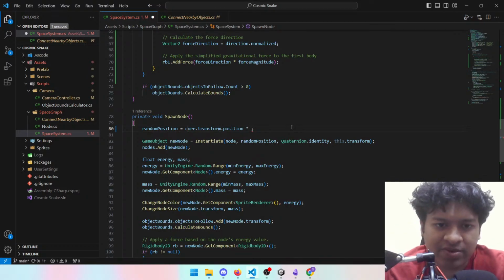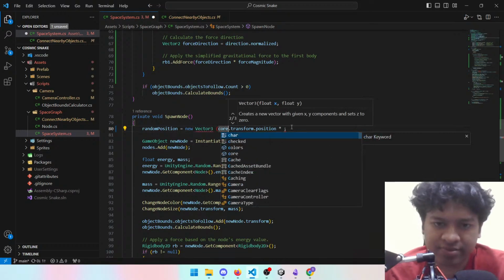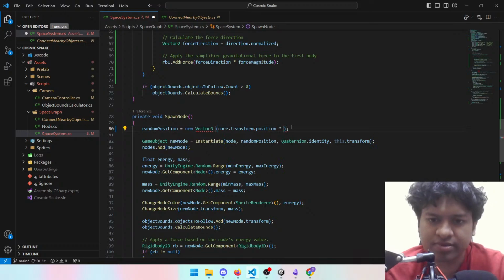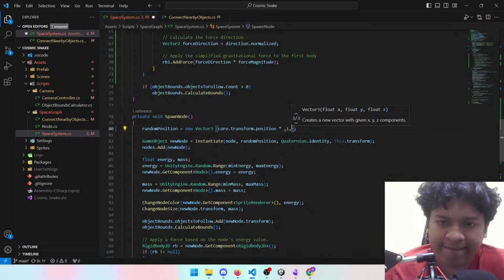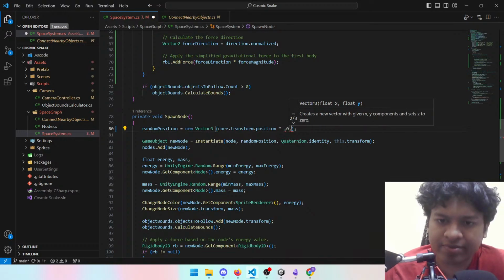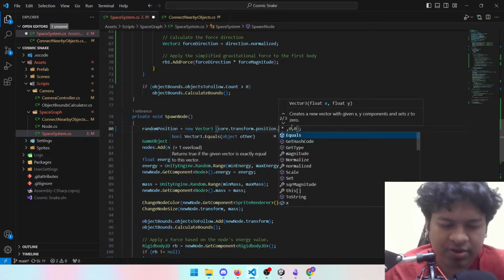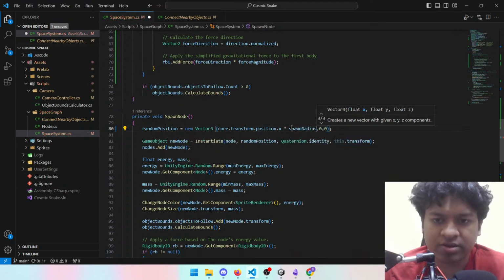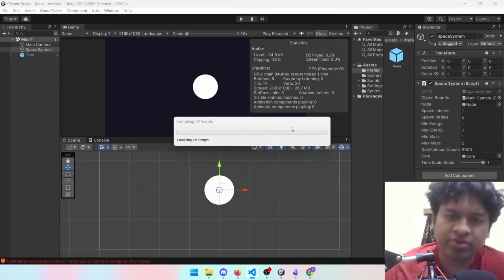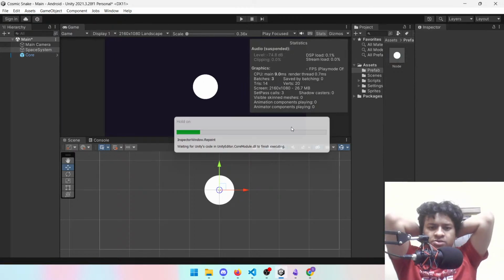Actually, that's confusing me. Zero or X spawn radius should move every time we spawn this. That should move.